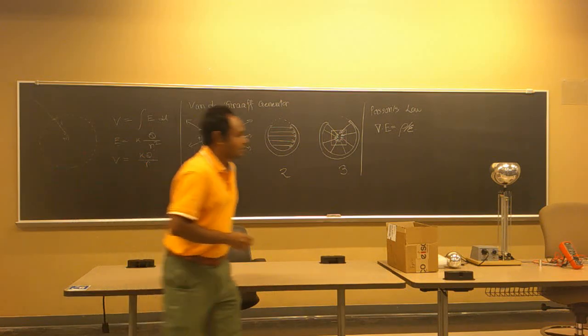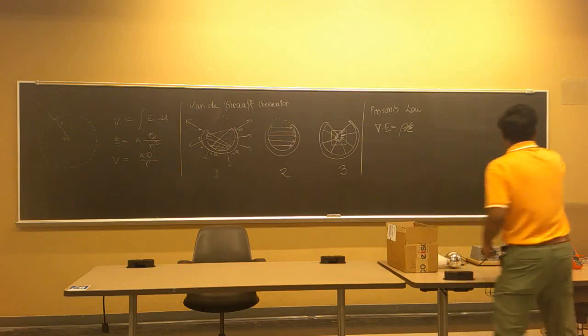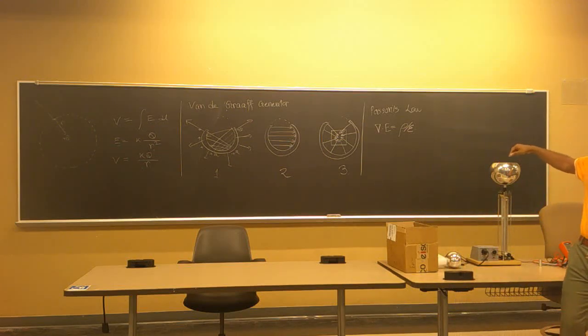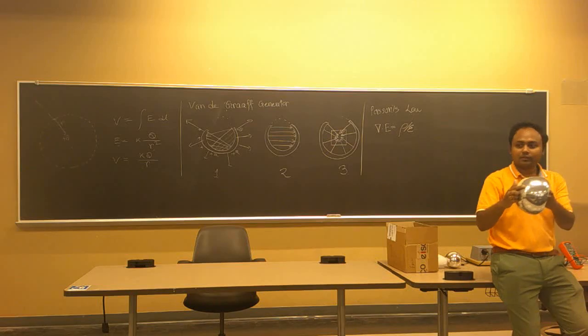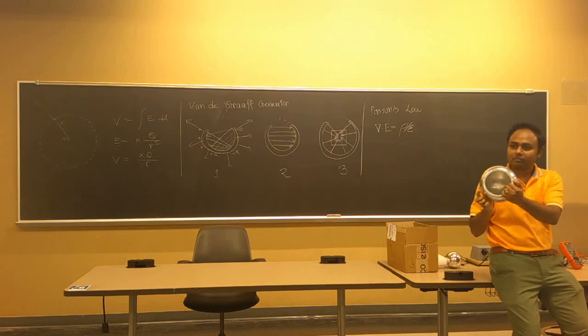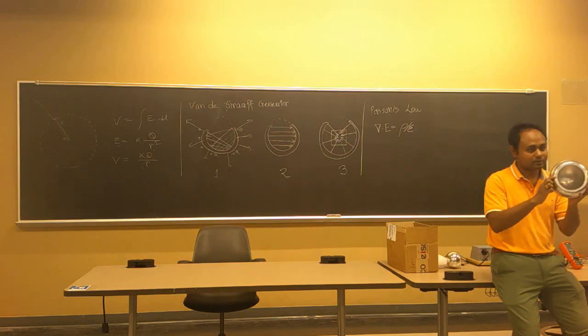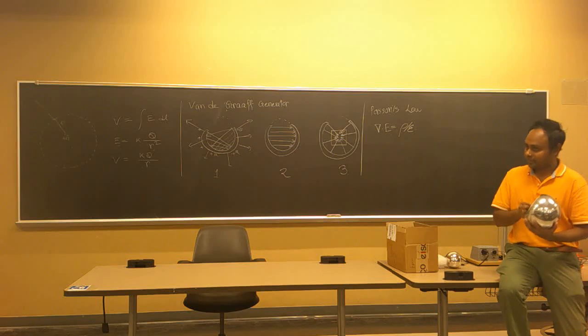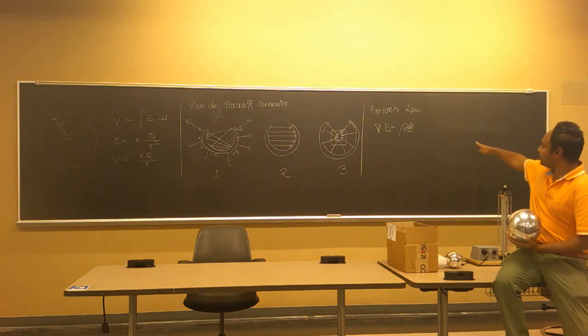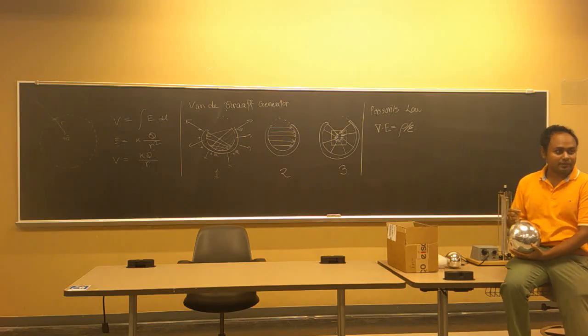Now tell me this. This is a hollow sphere, right? If a charge exists, the charge can only exist on the surface. It cannot exist inside because there is nothing inside that can hold the charge. So if the charge doesn't exist, Poisson's law says the divergence of electric field is 0.